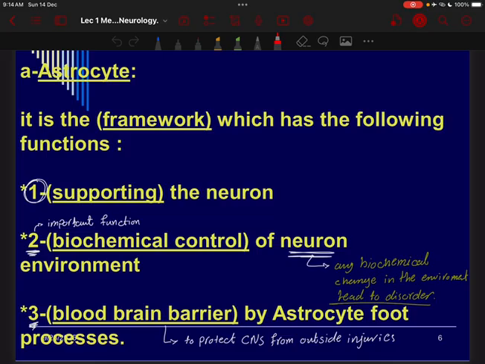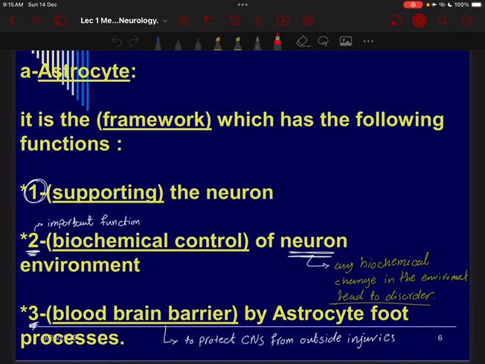The astrocyte has the following functions. Function number one is supporting the neuron. The neuron is suspended in the astrocyte and is supported by it.